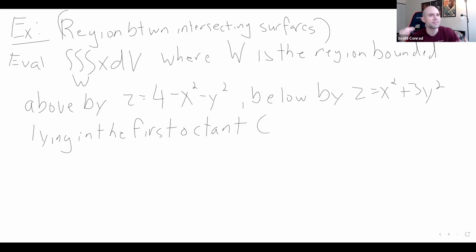So remember, the first octant is just the part of R3 where x, y, and z are all positive. That's like the first quadrant in the plane, except it's where x, y, and z are all positive.